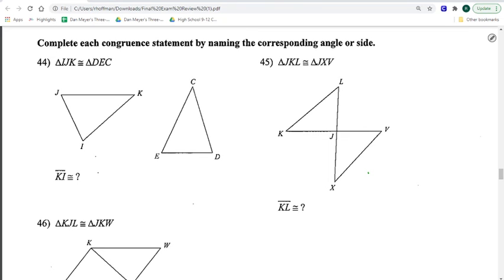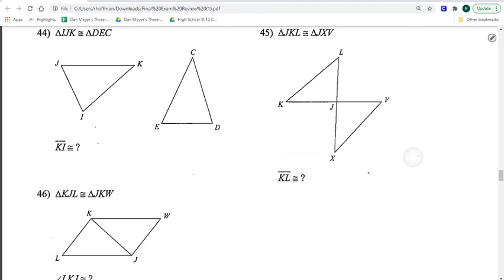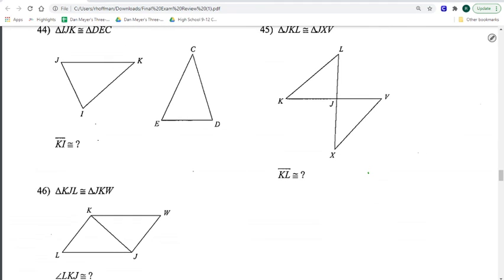Complete each congruent statement by naming the corresponding angle or side. And so this involves making sure we understand what the statement tells us so that we can match up our pieces of information. So first of all, we have the congruent statement. We have IJK and DEC marked congruent.